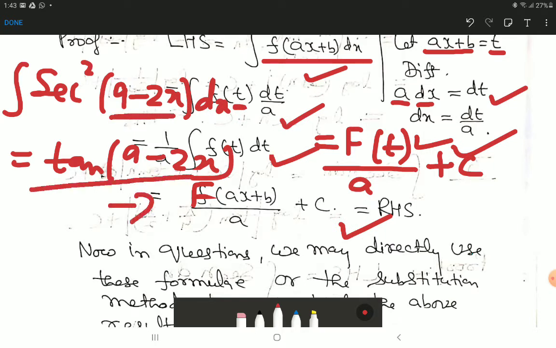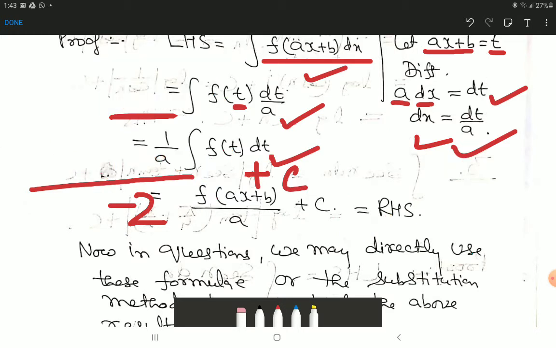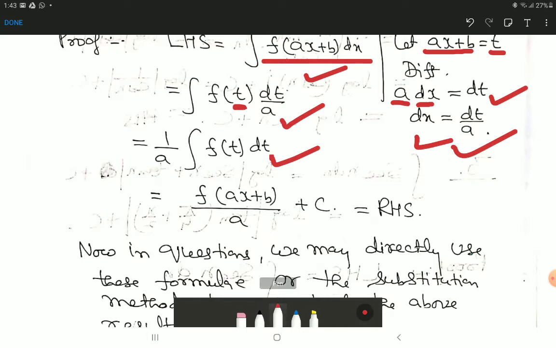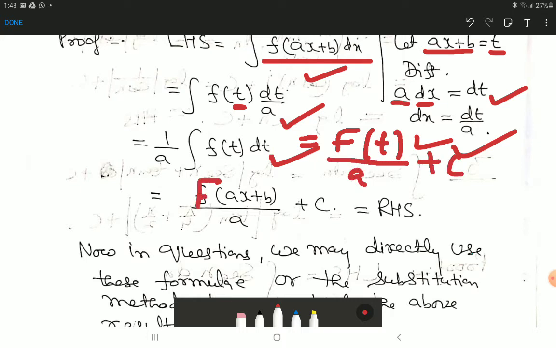So you will have to divide by the coefficient of x, that is minus 2, plus c. I think you have got it. So in many questions we will be using this procedure. I am just correcting it. Is it capital F(t) upon a plus c? This is capital F only.